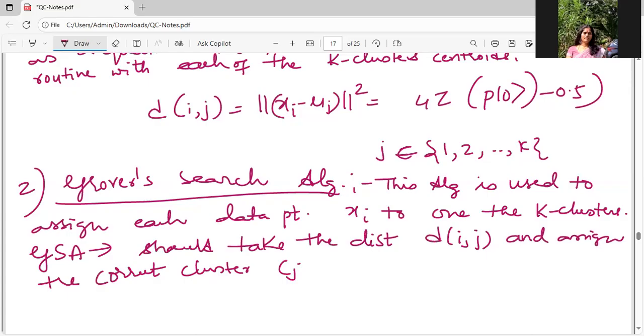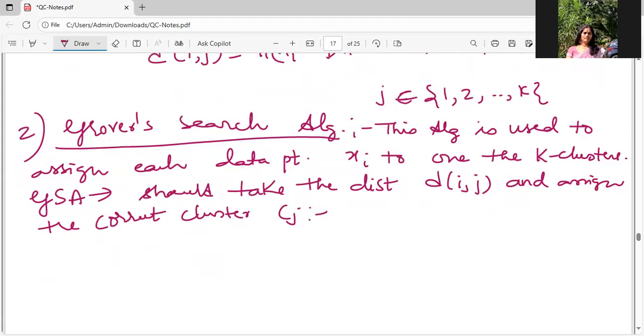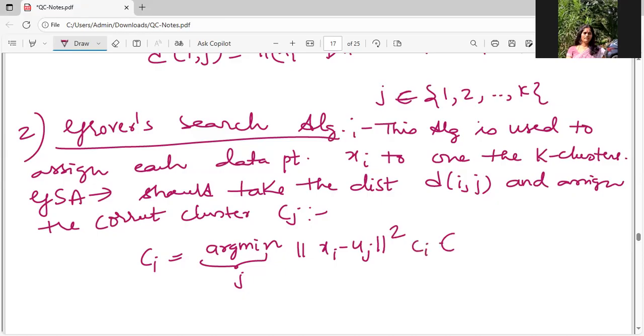Now, how that is done, just see here. Ci is equal to argmin, of course, repeated j times, xi minus uj whole squared. Ci belongs to 1, 2 and so on k.